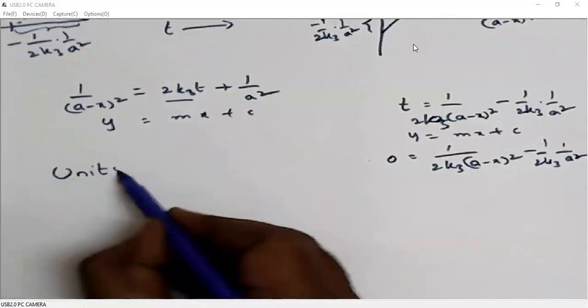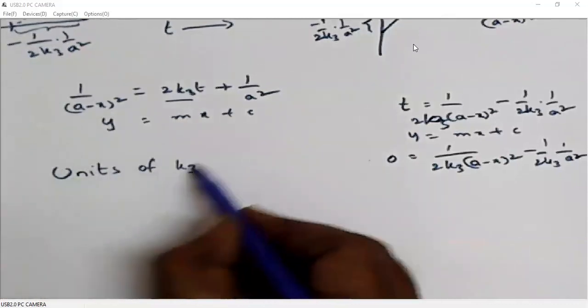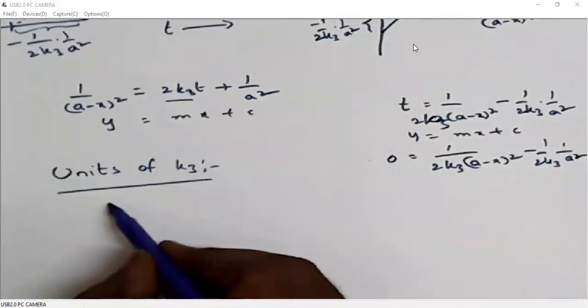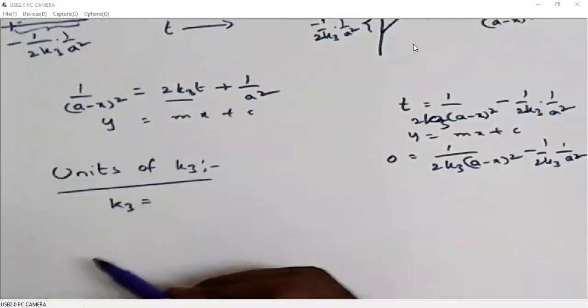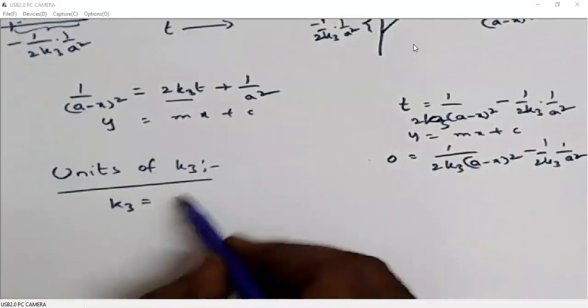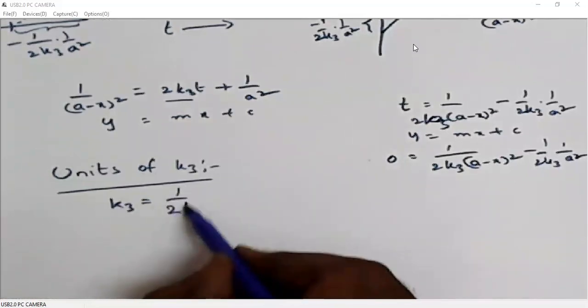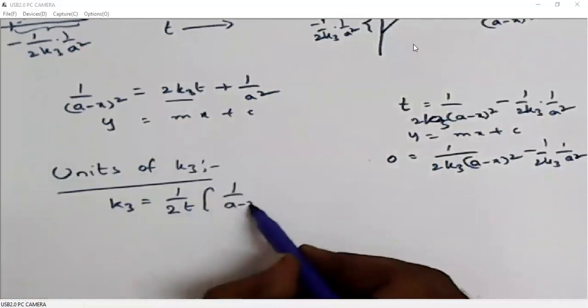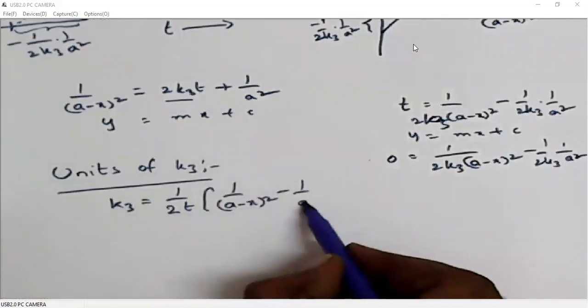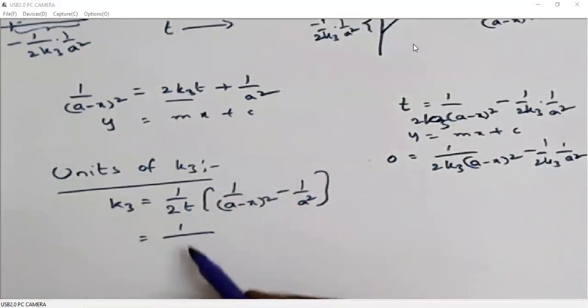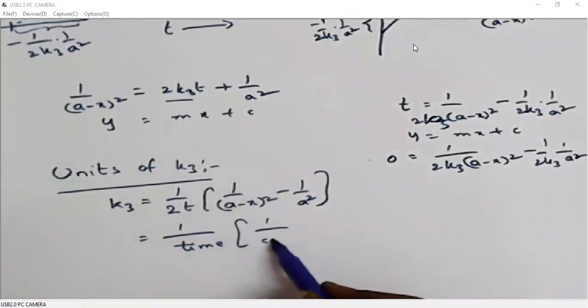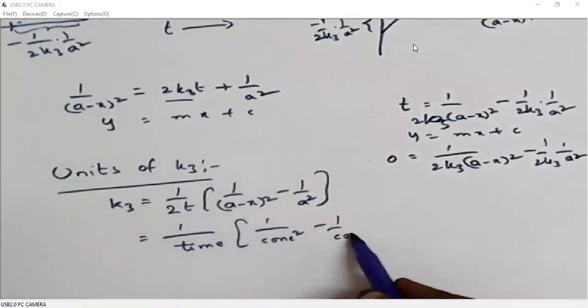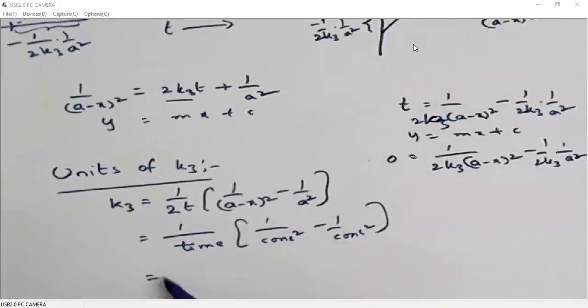What are the units? First we will take the integrated rate expression. k3 is equal to 1 by 2t into 1 by (a minus x) whole square minus 1 by a square. 1 by 2 is a constant, t is time, and 1 by concentration square minus 1 by concentration square are nothing but concentration power minus 2.